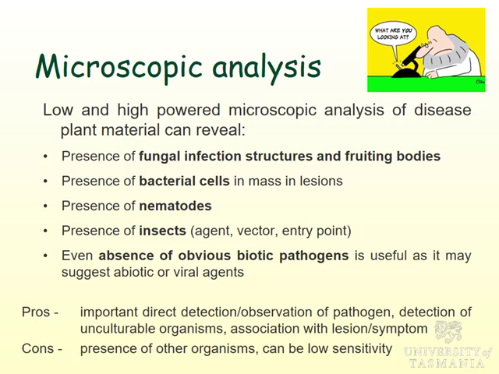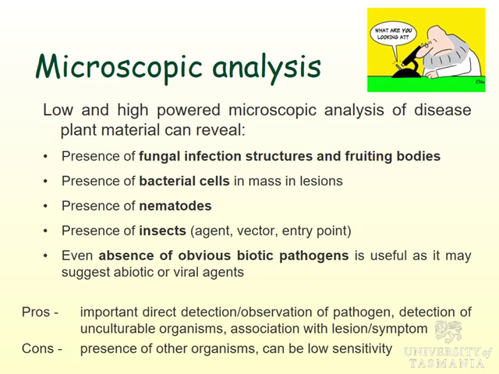Or take it up to a high-powered magnification, your compound microscope, and start to look for presence of bacterial cells, fungal mycelia, nematodes perhaps, even insects or the like. We'll talk a little bit more about those structures as we go on to the different pathogenic agents a little later, but that can give you some real clues of what you're dealing with.